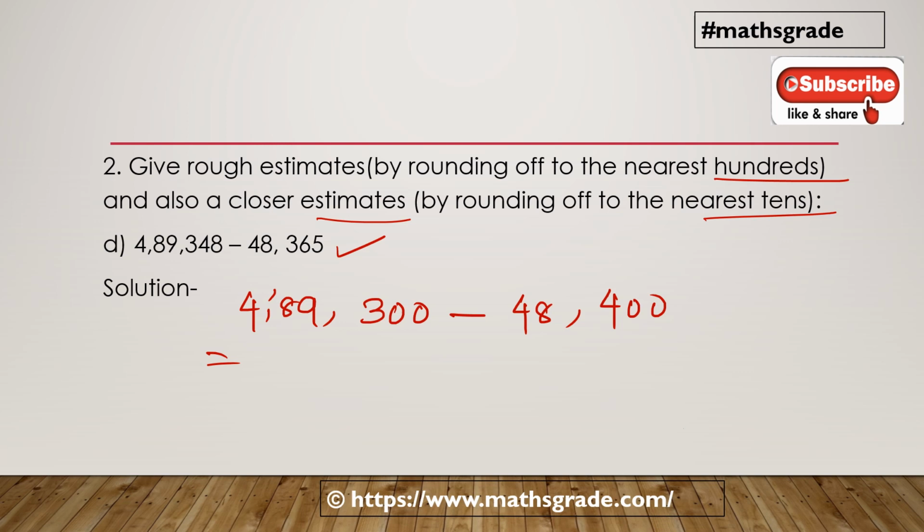And 4,89,300 minus 48,400 is 0, 0. 13 minus 4 is 9 and 8 minus 8 is 0 and this 8 minus 4 is 4. 4,40,900. This is the answer.